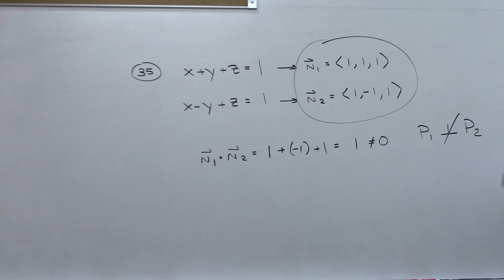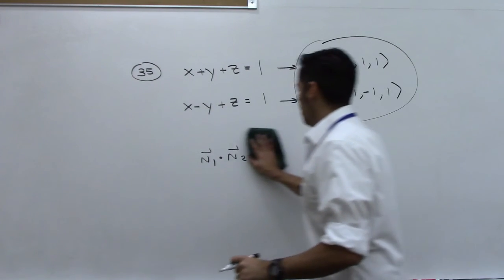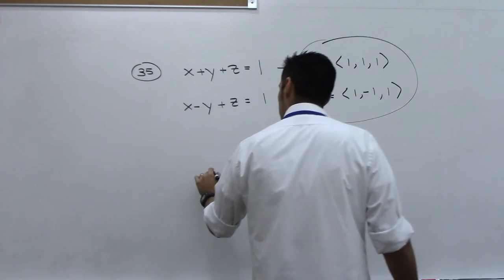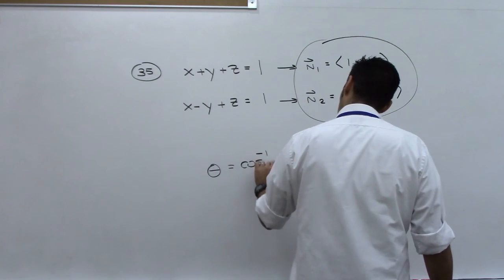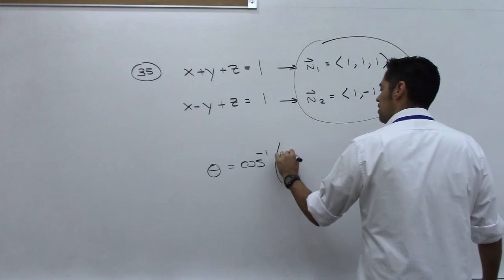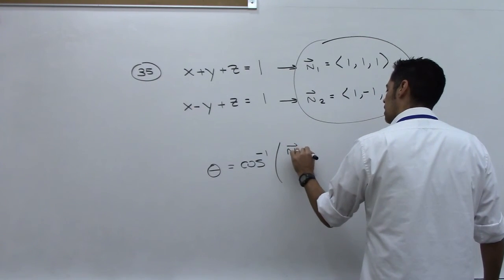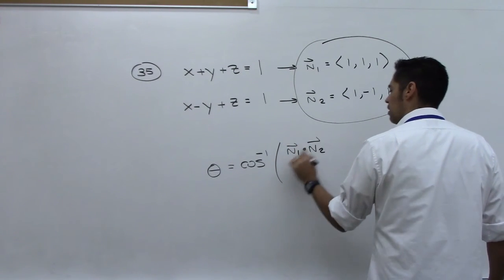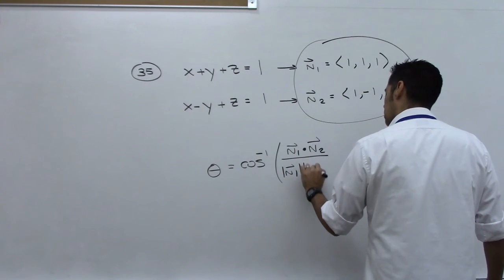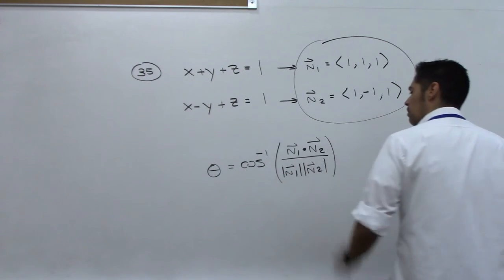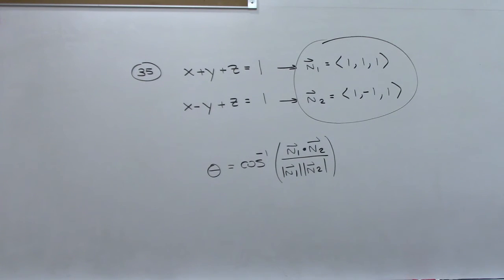We go back to a formula we had. Theta equals arc cosine of n1 vector dotted with n2 vector over magnitude of n1 times magnitude of n2. Whatever that is, is the angle between them.